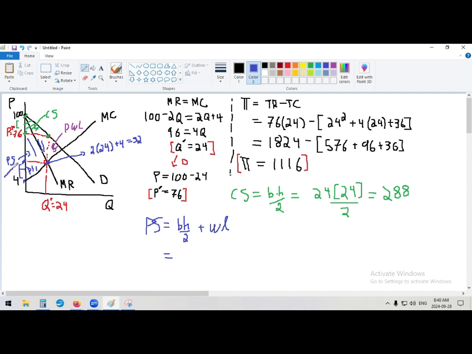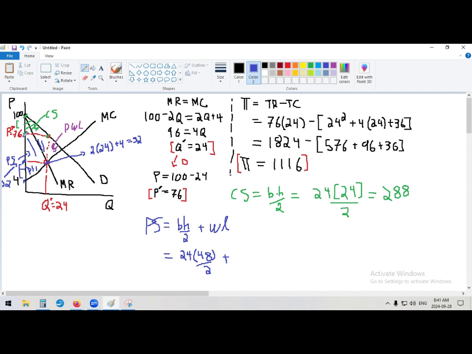So that's going to be this point right in here is 52. So here, for the base of the triangle, we know it's 24. For the height of the triangle, we go from 52 down to 4. So 52 minus 4 is 48. And then divide that by 2.